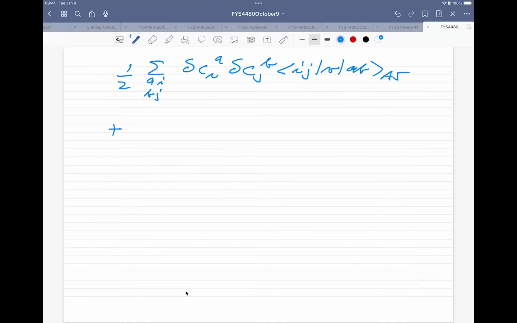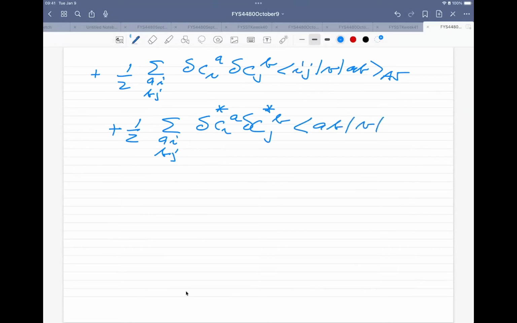And finally, there is a new term, which now also runs over AI and BJ, but then I have a delta CIA, and then I have a delta CJB complex conjugate, both of them. And then I simply have the Hermitian conjugate of the integral which we had in the previous term. So these two terms, obviously they're higher order terms, but we stop at the delta C squared.